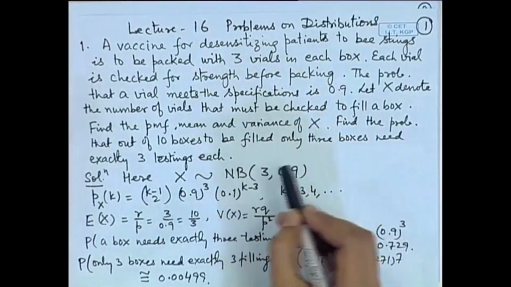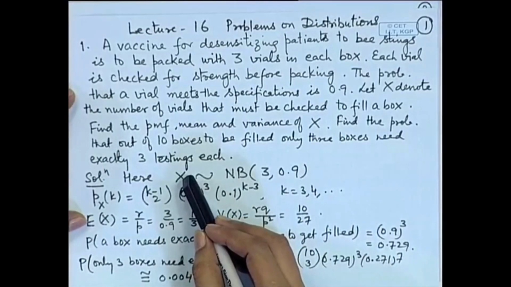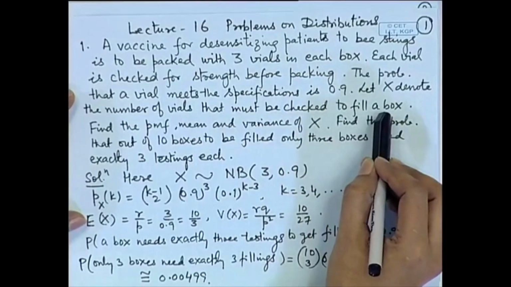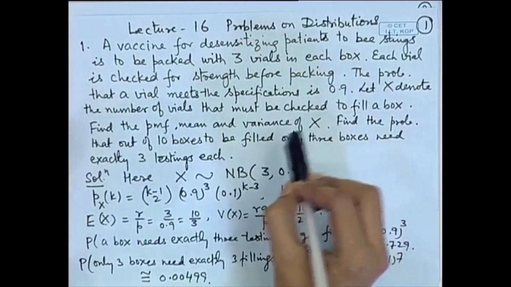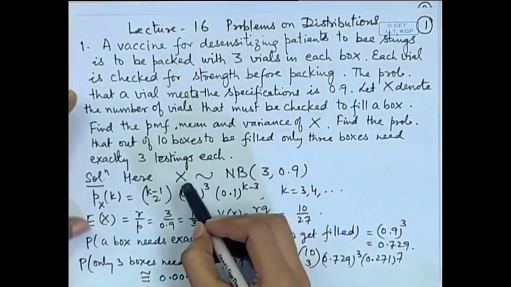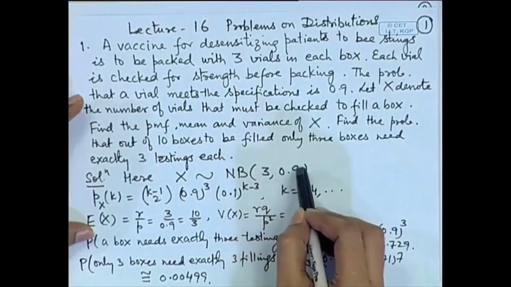So, this is negative binomial sampling, and therefore, if we consider x as the number of vials which are needed to fill a box, that means, the first time 3 vials are correctly meeting the specification, then the distribution of x is negative binomial with r equal to 3 and p equal to 0.9.